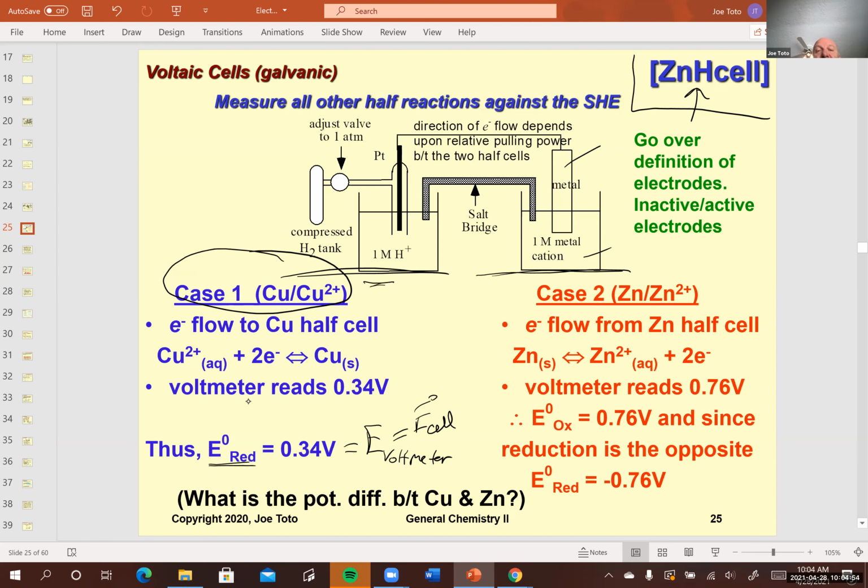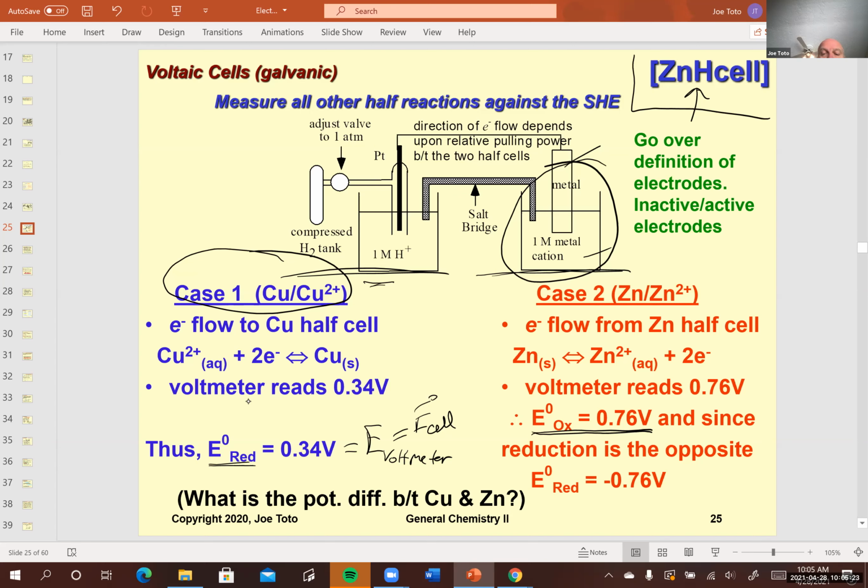Now, when we replace the metal over here with zinc, then the electrons flow the opposite way. They flow from the zinc spontaneously to the standard hydrogen electrode, and we can define the oxidation potential for zinc.